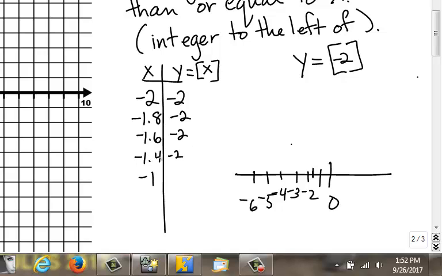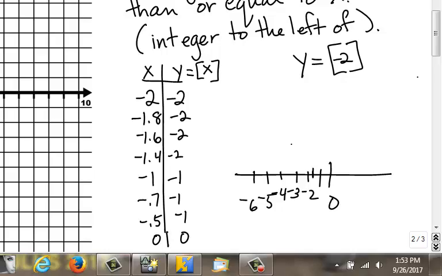When you get to -1, what's the greatest integer? That's -1. What about -0.7? What's the integer to the left of -0.7? -1. Okay? And then it goes on. -0.5 would be -1. When you get to 0, it's 0.